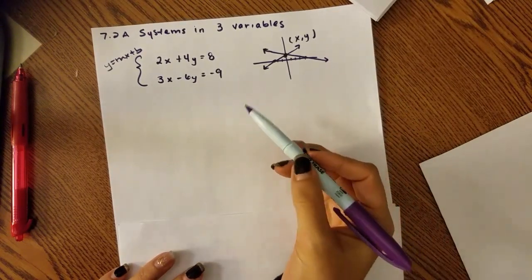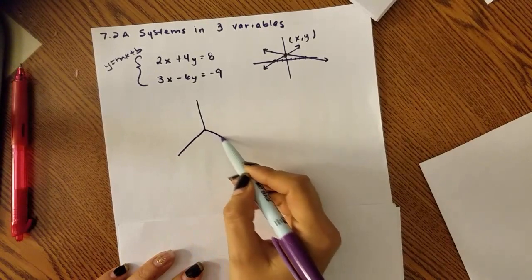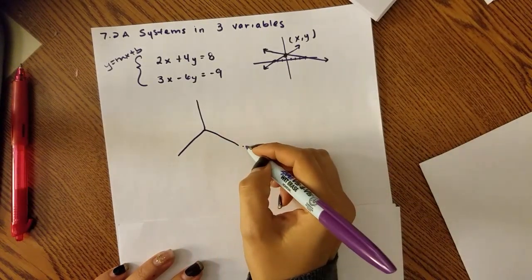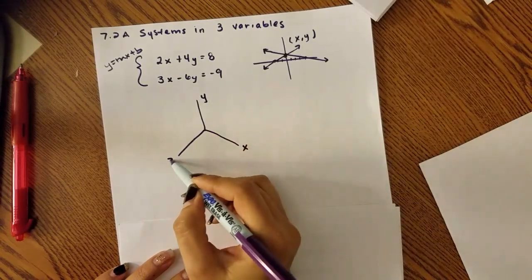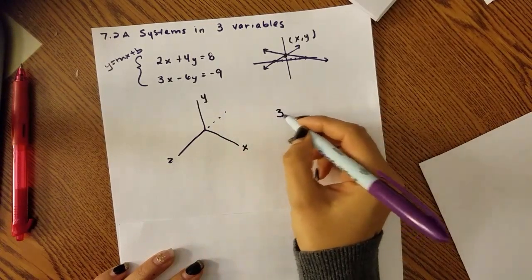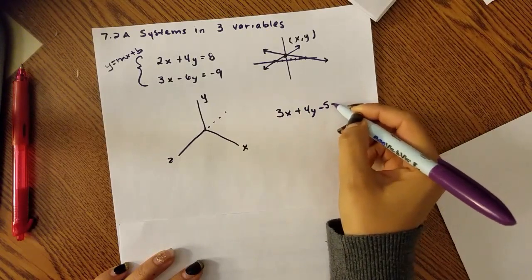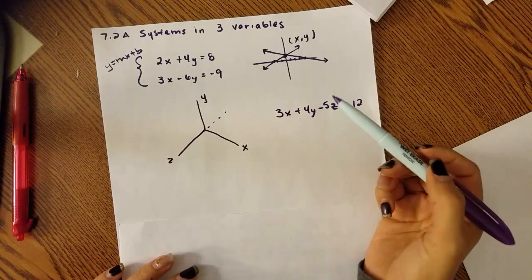When you have a system in 3 variables, you have something like this. We're working in 3 dimensions, so you would have x, y, and then z, which is now a 3rd dimension. So if you have something like 3x plus 4y minus 5z equals 12, you no longer have a line.